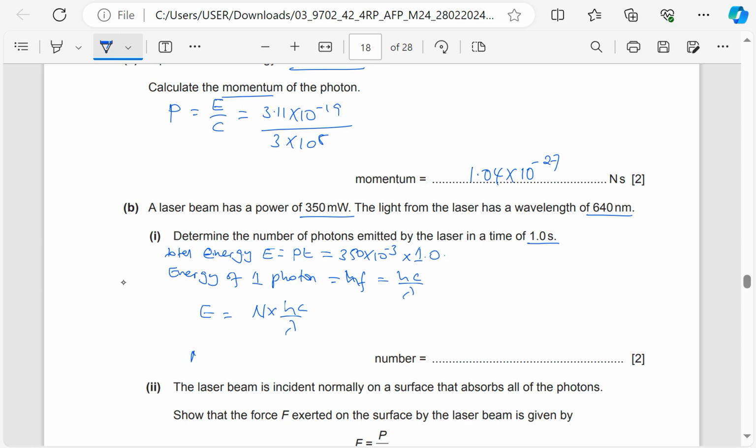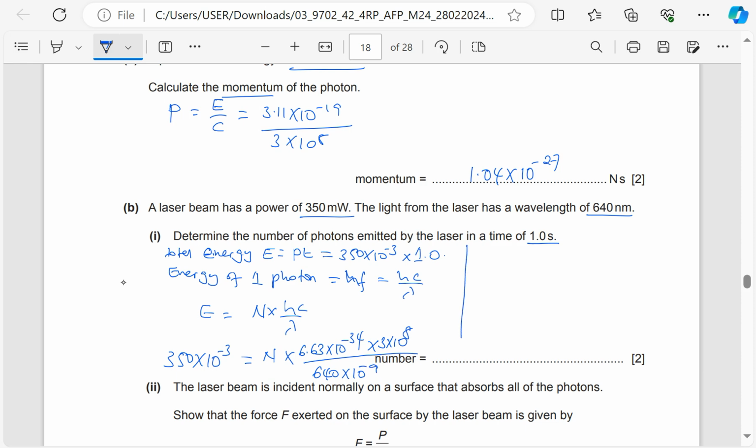So which means N, I'll just equate this. 350 times 10 to the power of minus 3 is equal to N times h, which is 6.63 times 10 to the power of minus 34, then times c, which is 3 times 10 to the power of 8, divided by lambda, which is 640 times 10 to the power of minus 9.